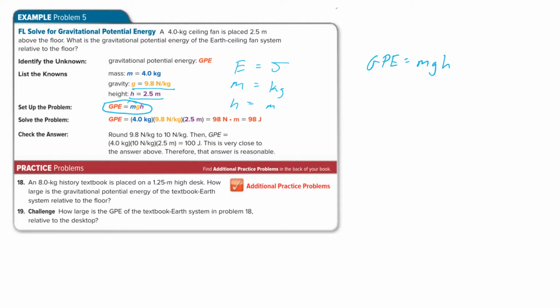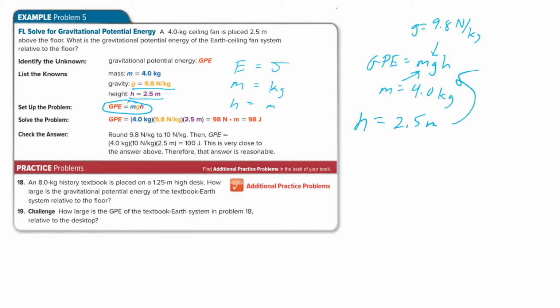And we know that m is 4 kilograms, and I'll plug that in right there. We know G is 9.8 newtons per kilogram. And then we know the height. So the height is equal to 2.5 meters in this case. So we plug that in right here.